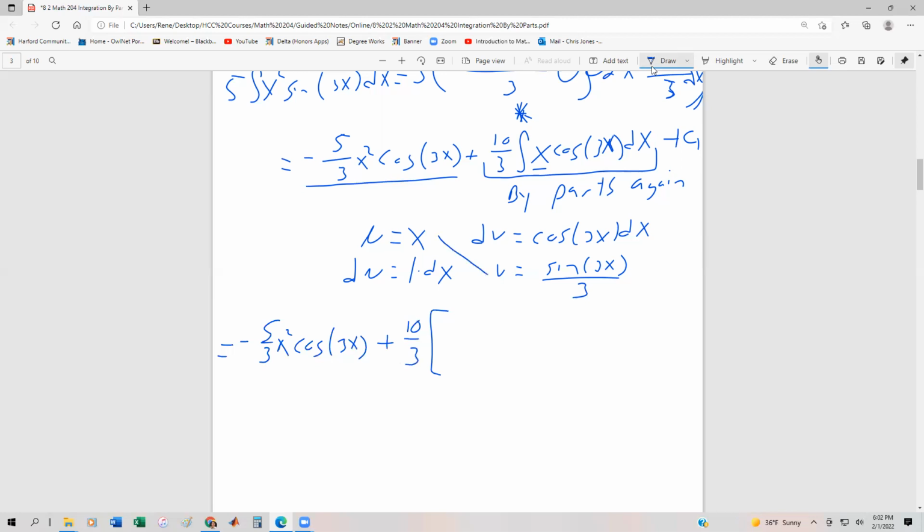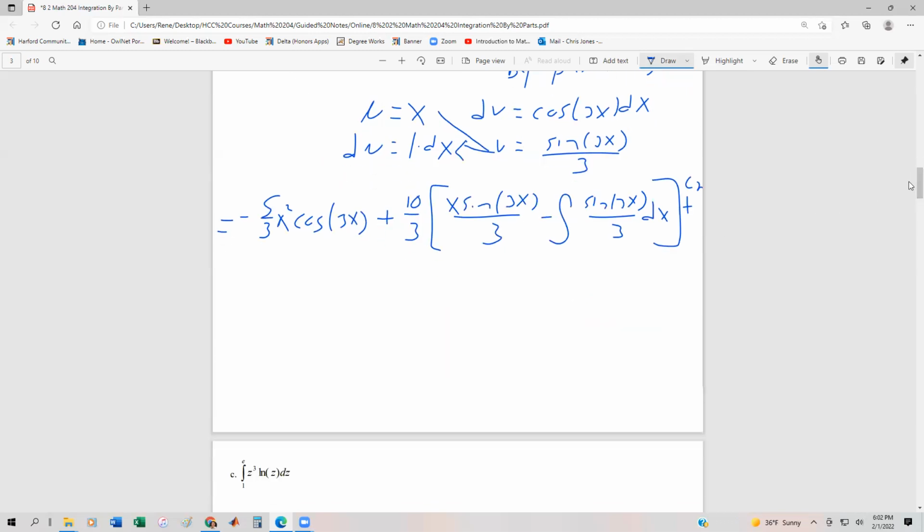So we have u times v, which is going to be x sine 3x over 3, minus the integral of v du. And finally, we get down to a point where we don't have any more x's except for the sine 3x. So this is going to be sine of 3x divided by 3 dx. And I'm going to say plus C2 since I took a second integration, right?